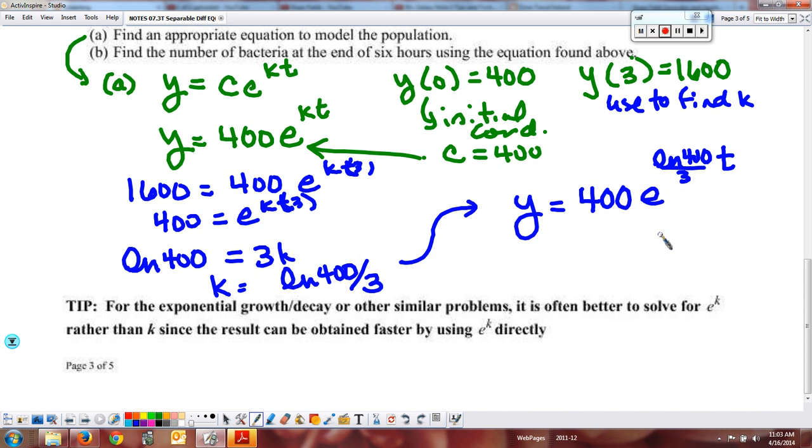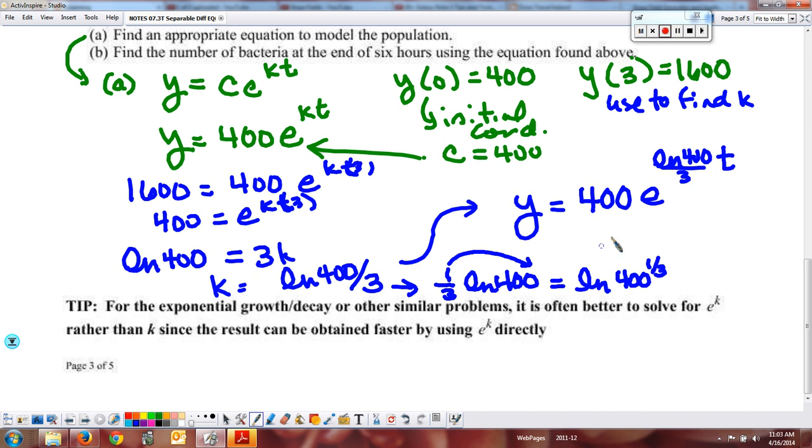Here I basically have 1/3 natural log of 400. The property says if you have a number in front of a log, you can always move it inside as a power. So this is really natural log of 400 to the 1/3.